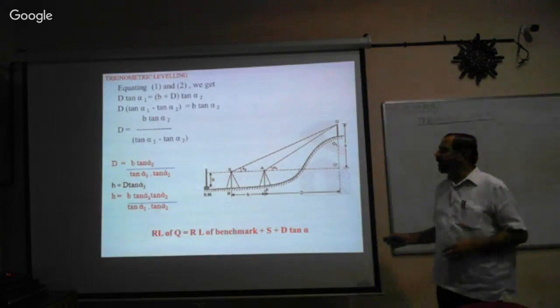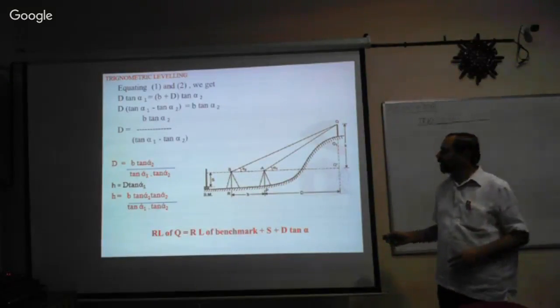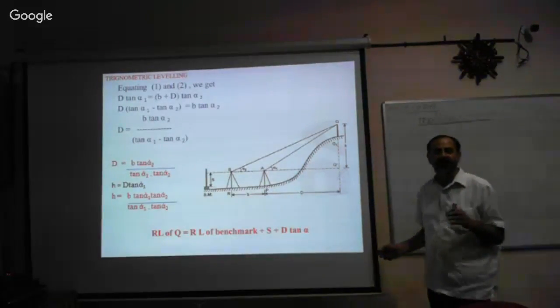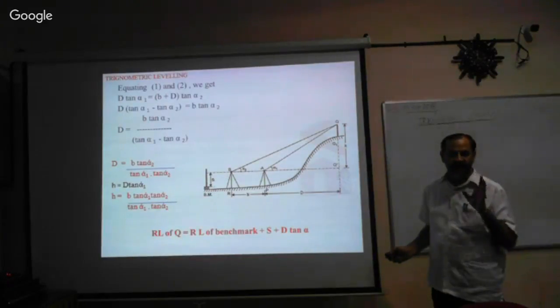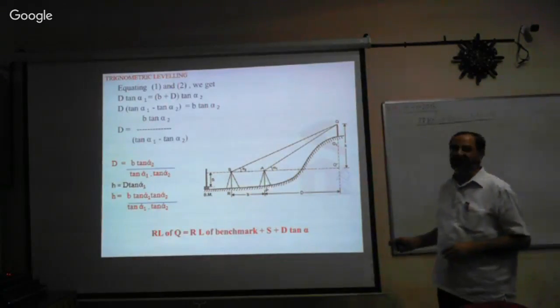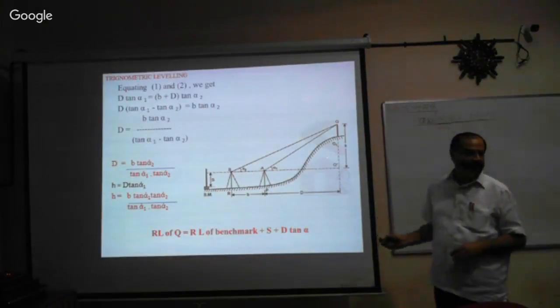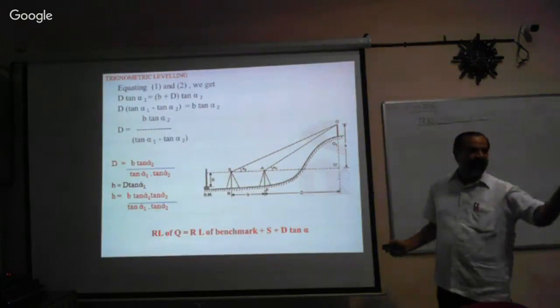Now we can shift it from either side, but let us follow one method or one system. Always install the first instrument station nearest to the object. The second instrument station must always be behind, isn't it?